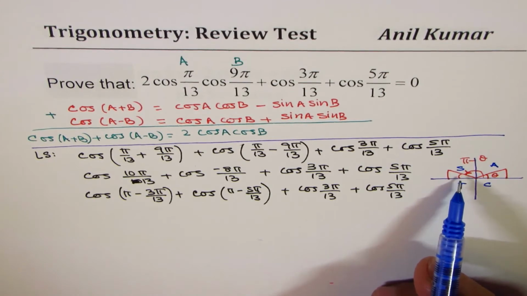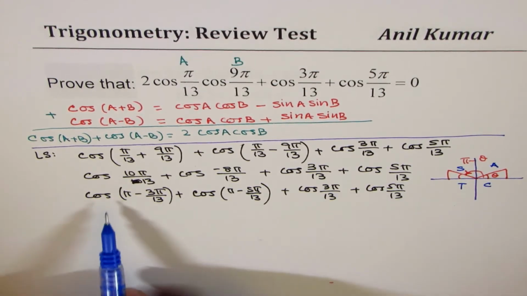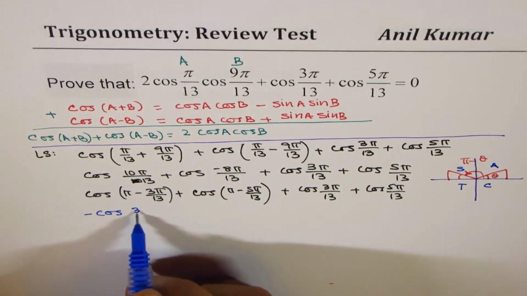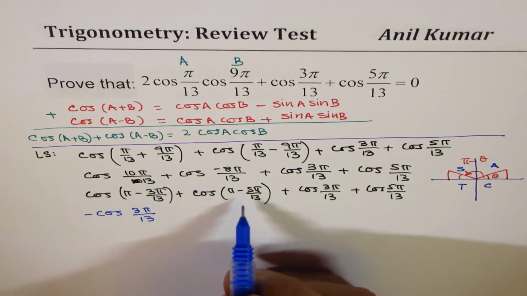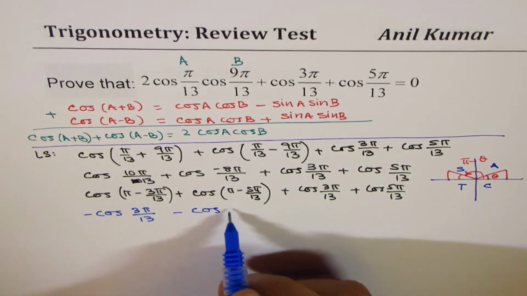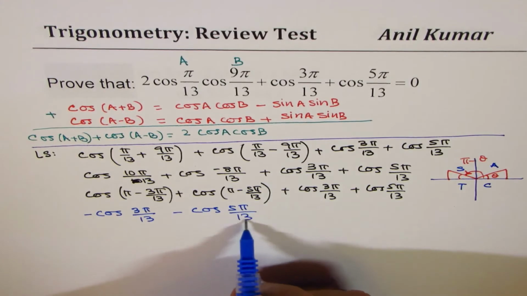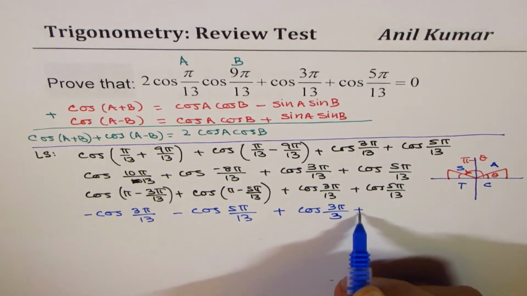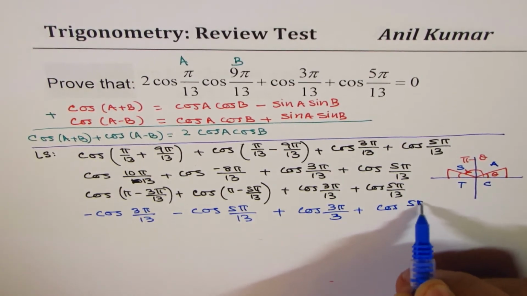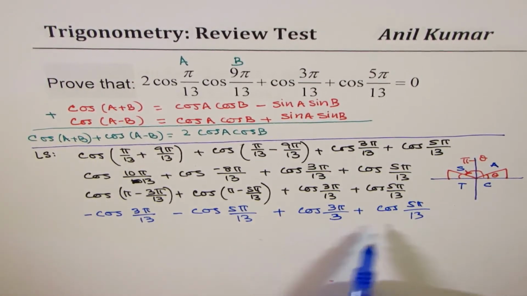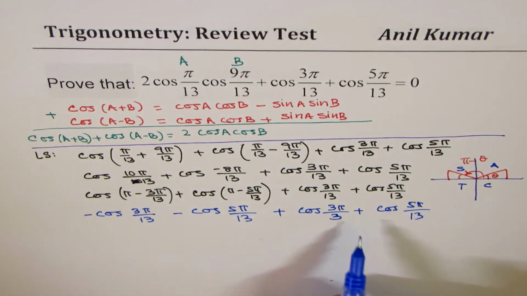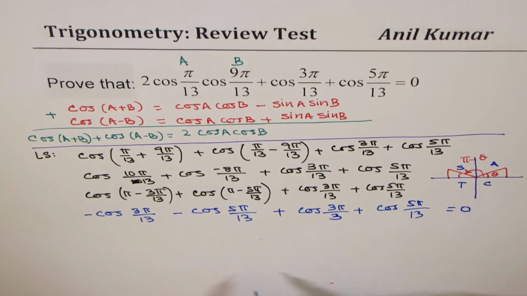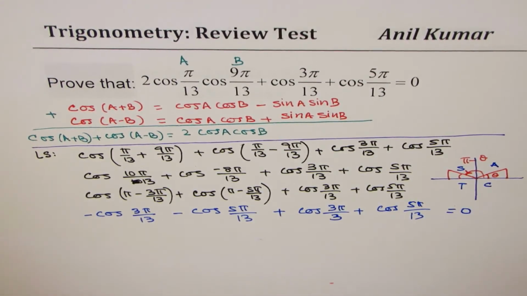So in that quadrant, cos is negative, and therefore you could write this as negative cos 3 pi by 13, and here negative cos 5 pi by 13. And what you already have here is cos 3 pi by 13 plus cos 5 pi by 13. Do you see that? So now you can see that they cancel off, and this indeed is equal to 0. So that is how you can show it.